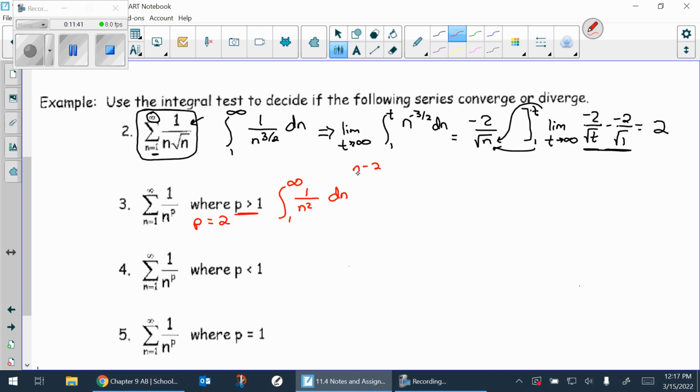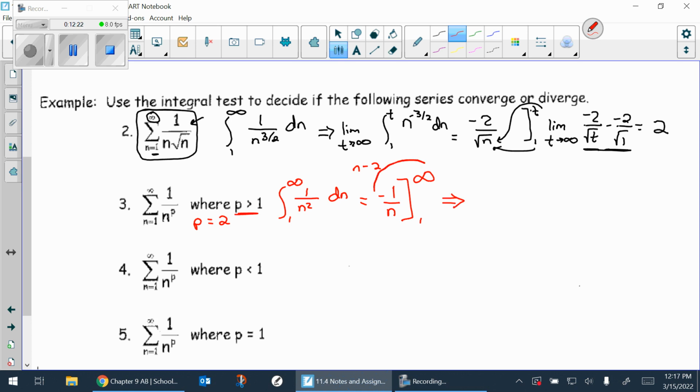Now, what's the antiderivative of n to the -2? Well, that would be n to the -1 over -1, or I could think of that as -1 over n. So let's write it that way: -1 over n evaluated between 1 and infinity. Again, if I were doing this as an improper integral, I'd do the limit as t approaches infinity. I'm just saving a little bit of room here.